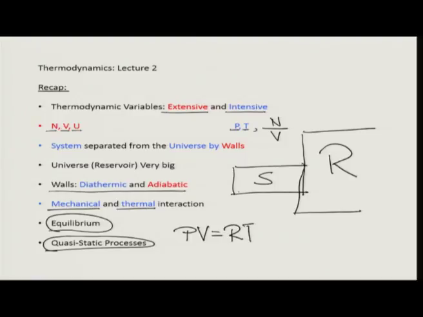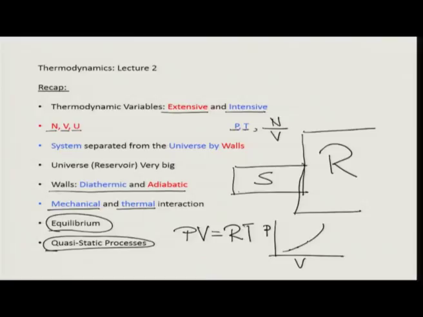That explains what I mean when I plot a PV diagram. If I plot P as a function of V, I get a PV diagram which says that at every instant of time I am in equilibrium. I can write PV is equal to RT. Okay?